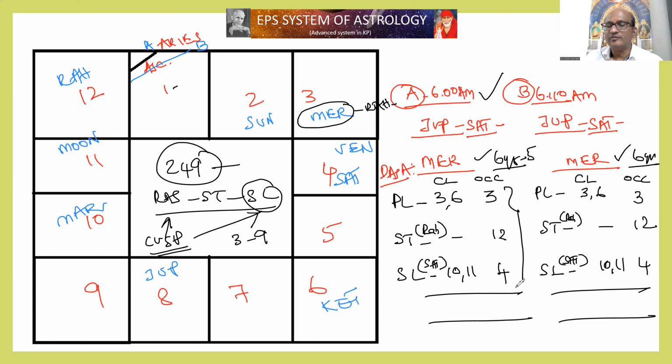So, when we are talking about these people born at 6 and 6:10 a.m., both the significations of Mercury are going to be the same. But practically speaking, both the natives will not experience similar results in their life. In Mercury Dasa, it may be good for him for some event, but for this person it may or may not be equally good.